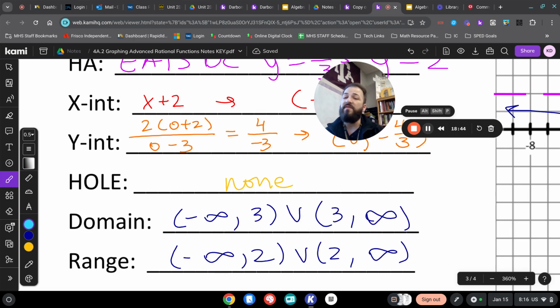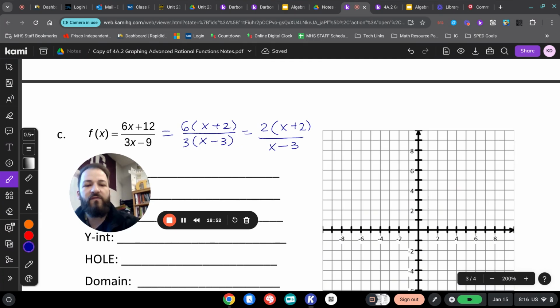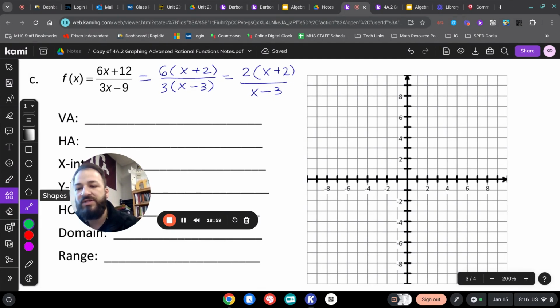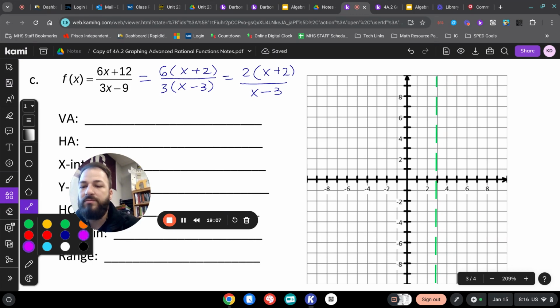Okay, now that we've found all of our key features, hopefully you got some practice doing it on your own. Let's go ahead and graph this one. So our vertical asymptote was at x = 3. Our horizontal asymptote was at y = 2.